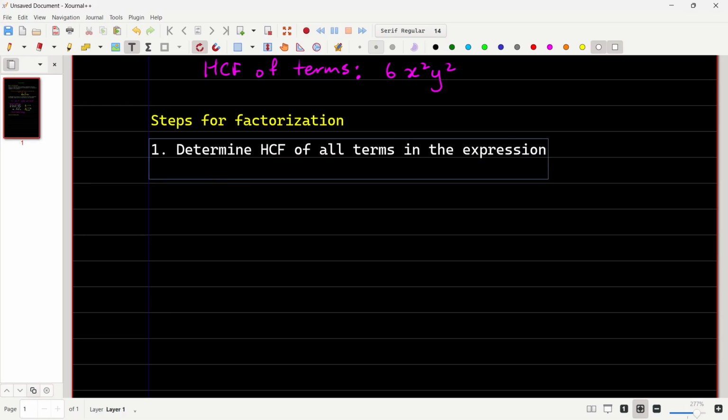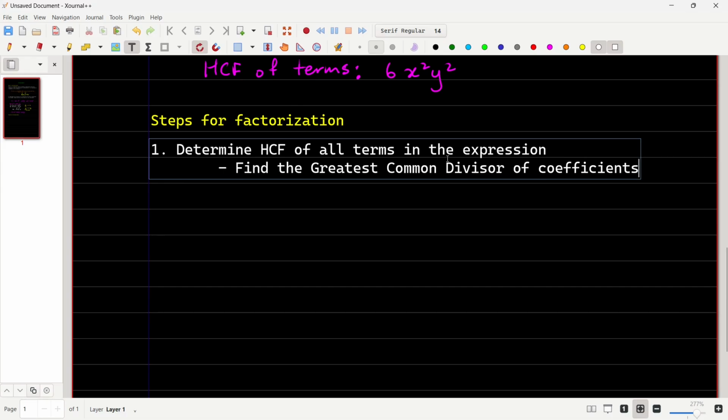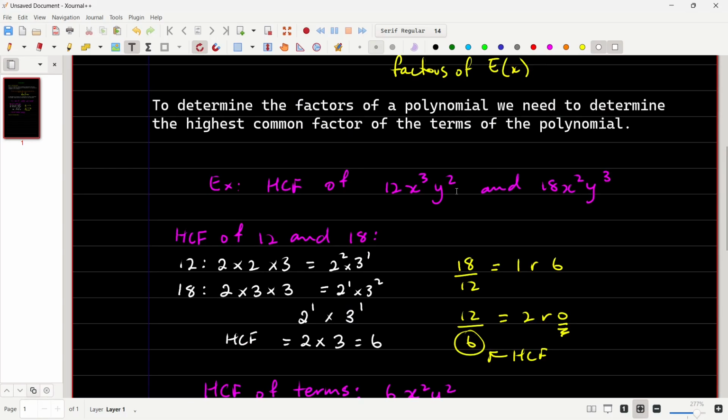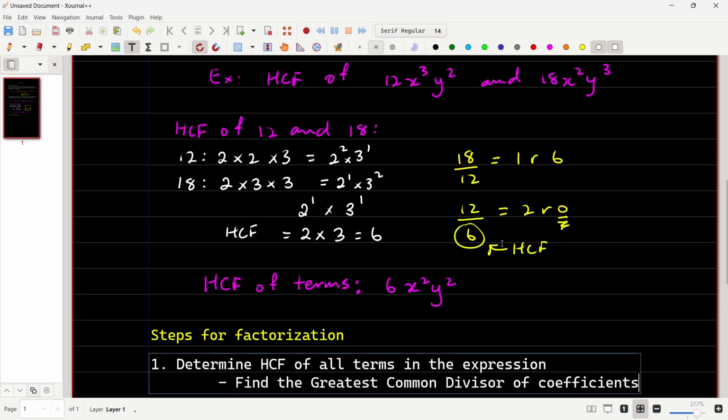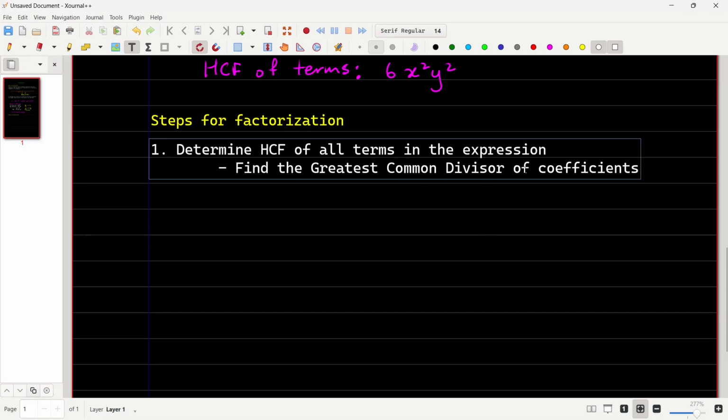Once you do that, find the greatest common divisor of the coefficients. In this case, coefficient 12 and coefficient 18, the HCF is 6, the greatest common divisor is 6.